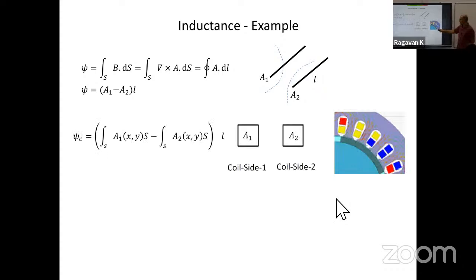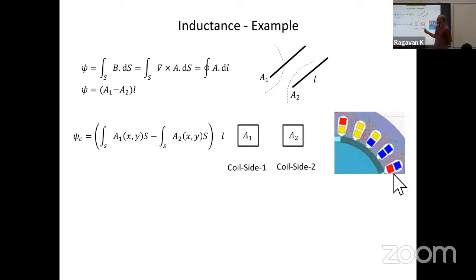Let's say I have this kind of coil. There is a coil of phase A. This red represents a coil. This is my coil side A1, and this is coil side A2. Then let's say inside this I have a function A1(x,y) and A2(x,y). That's not a single value, it's a function. A1 is inside coil side 1, A2 is inside coil side 2. Then you keep integrating A1 over the surface.